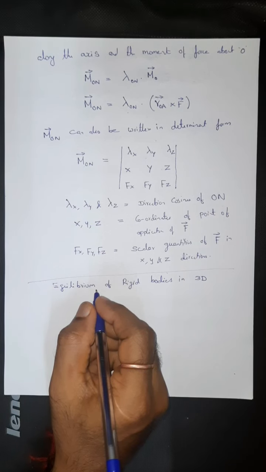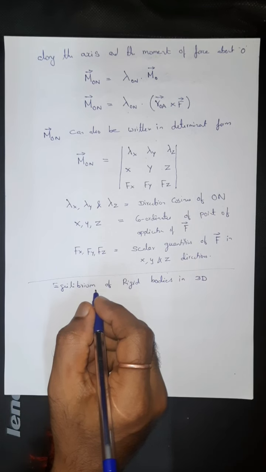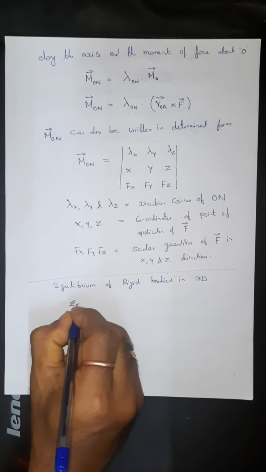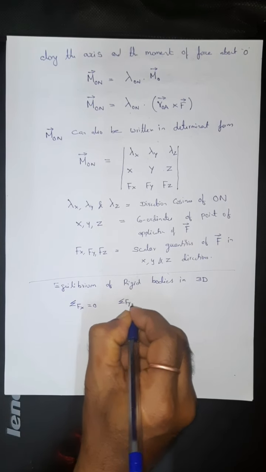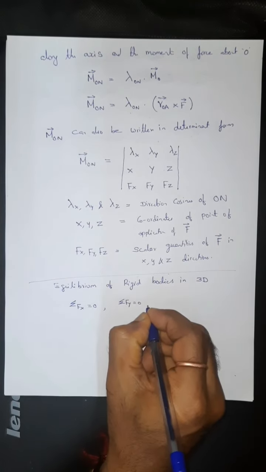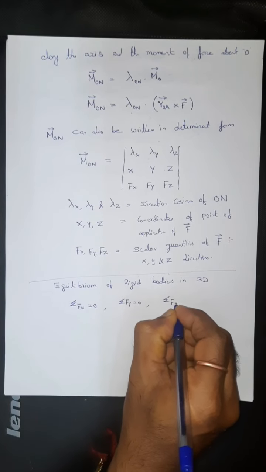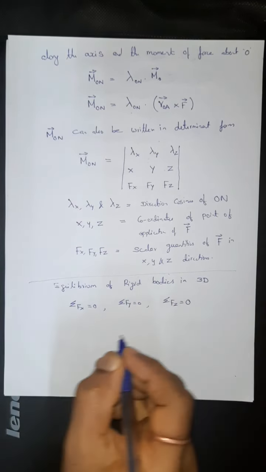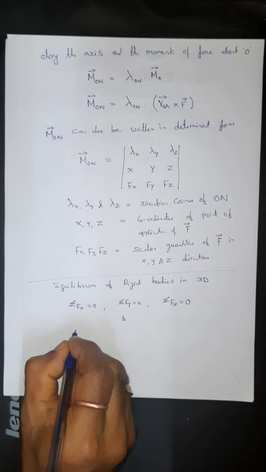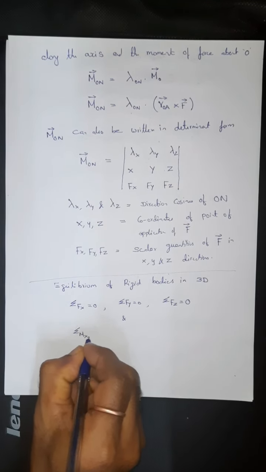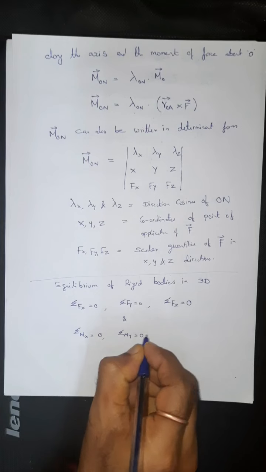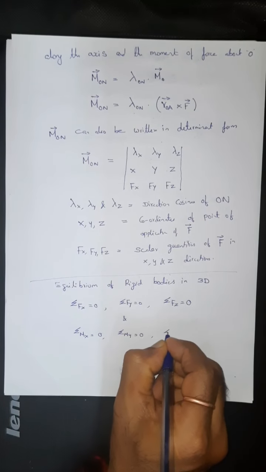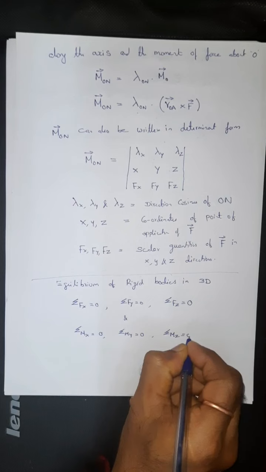As such, the necessary and sufficient conditions for the equilibrium of a rigid body in 3 dimensions are summation Fx equal to 0, summation Fy equal to 0, summation Fz equal to 0, and sum of moment about x equal to 0, sum of moment about y equal to 0, and sum of moment about z equal to 0.